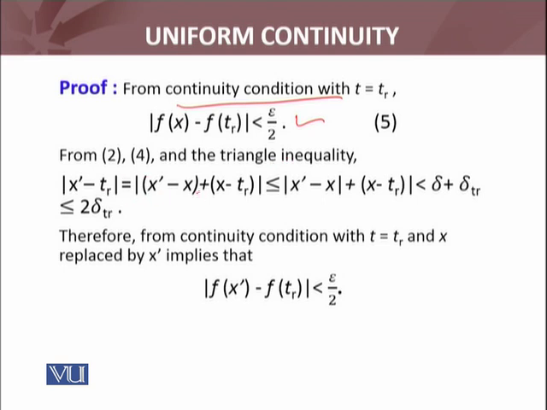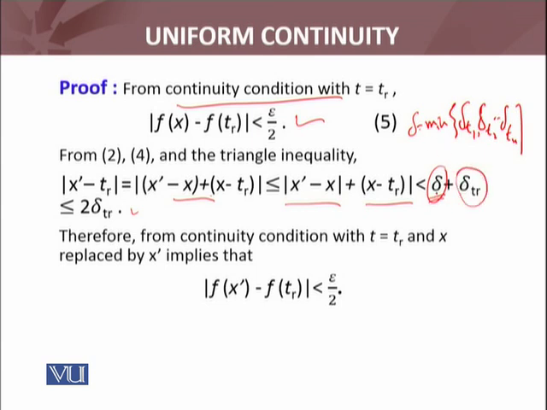From 2 and 4, continuity condition and the triangular inequality, यहाँ पे x bar minus tr, x को मैं add और subtract कर रहा हूँ, इसमें triangular inequality यूज कर रहा हूं, that will be less than delta, और delta जो है मैंने define किया हुआ है minimum of all these deltas plus delta tr. Delta जो है ये minimum है किसका, minimum of delta t1, delta t2, so on delta tn. Delta tr भी तो इन्हीं में से ही है ना, तो delta tr जो है ज्यादा से ज्यादा minimum हो सकता है, या अगर मैं इसको delta को replace कर दूं इन्हीं में से कोई एक value से तो inequality और larger होगी. So I will replace this one with 2 times delta tr.